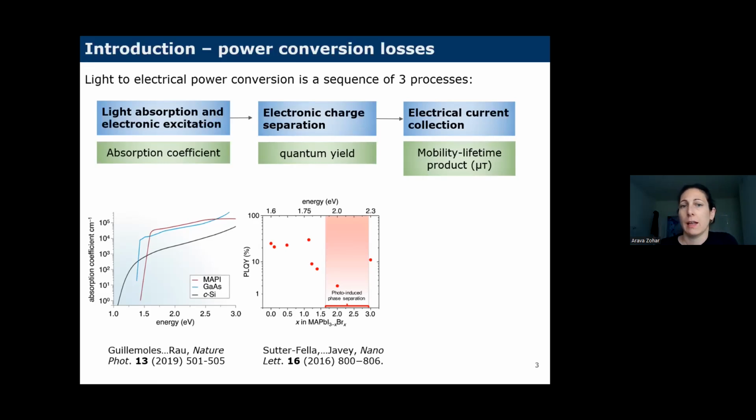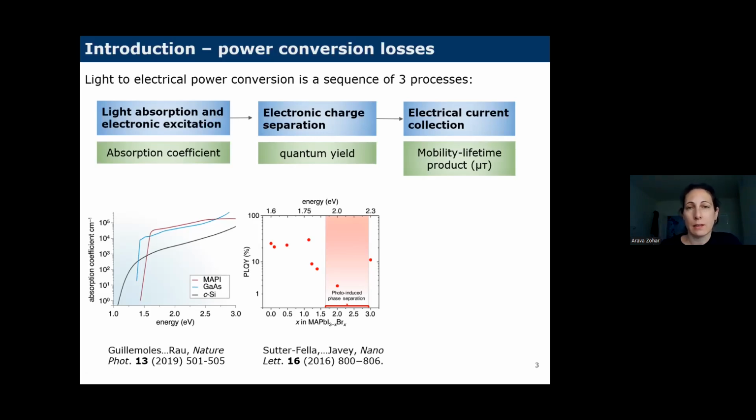The second process, in order to evaluate how good the charge separation is, we need to measure the quantum yield: what is the quantity of excitations that result in separate free carriers. And again, this is a well-common characterization, and I'm showing only one figure from Sutafella's paper a few years ago, when she measured different methylammonium lead halide compositions, and she showed that the quantum efficiency of those layers is almost 30%.